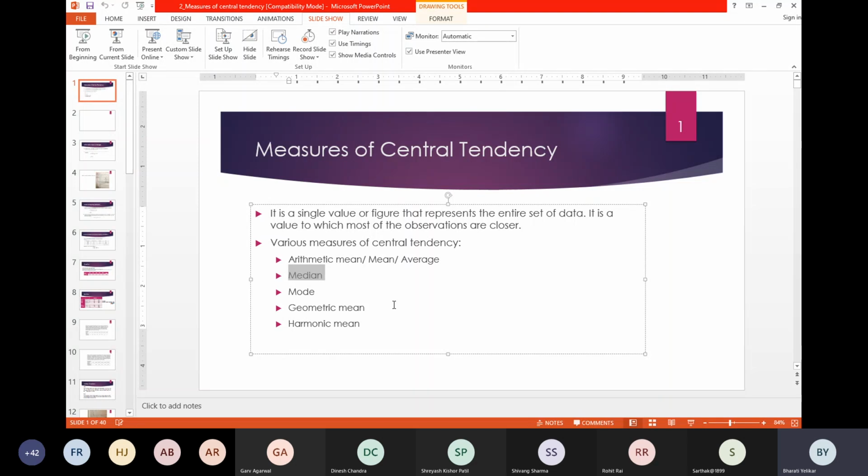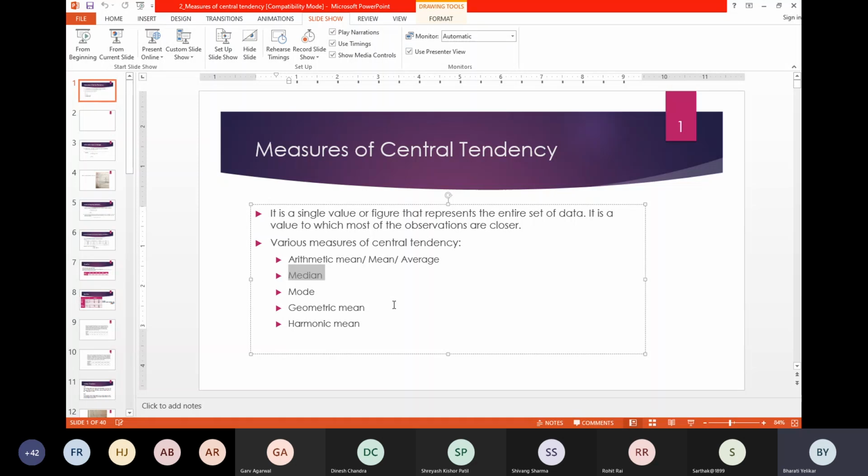Have you got it? Suppose the data set contains an odd number of values, then what will be the median? Odd number of values means, suppose there are 9 values in a data set.